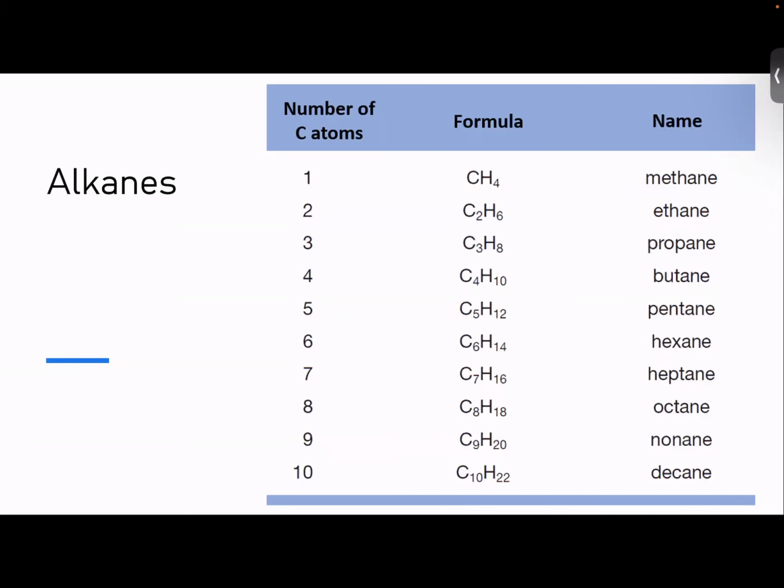An alkane is a compound of carbon and hydrogen only, that consists of single bonds only.